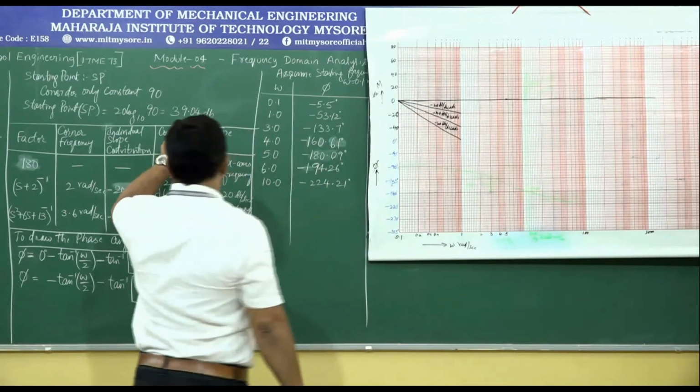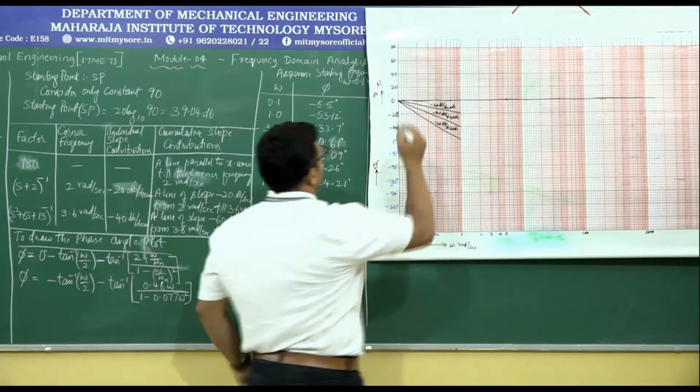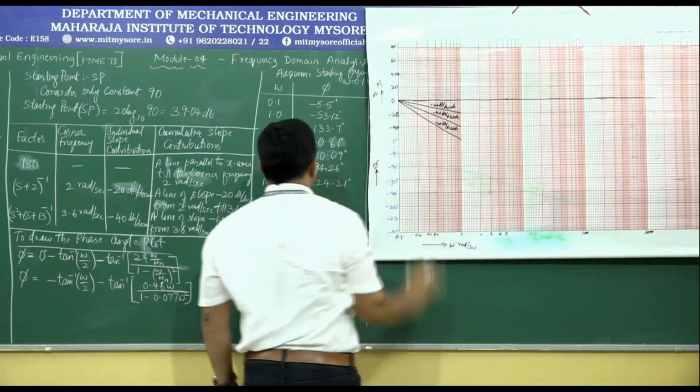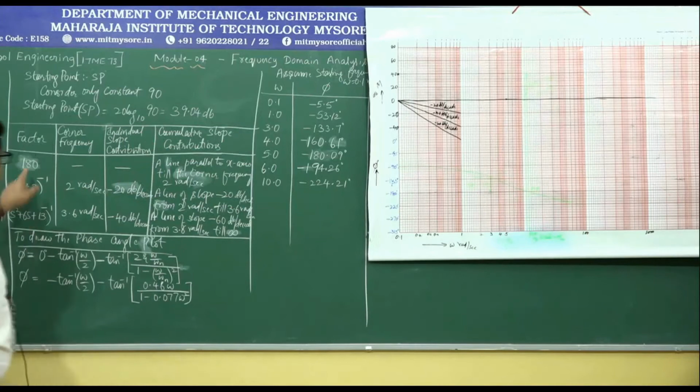See, the starting point is 39.04 decibels. So 39.04 decibels comes here. Now for the constant, as per the transfer function given, the cumulative slope contribution is nothing but there is no slope. So there will be no corner frequency first of all, no individual slope contribution will be there.